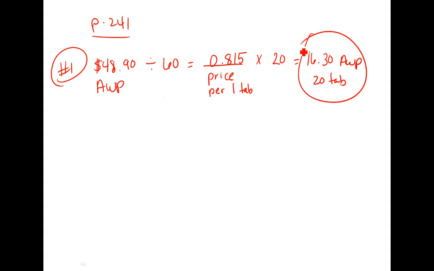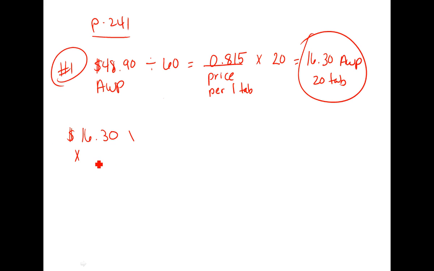Now we can use our formula, or you can just, I usually put it in two different steps. I know my AWP is 16.30, and I know the discount is less 13%. So I need to find out that discount of 13%. You take 16.30, and you can either work it out or work it below.